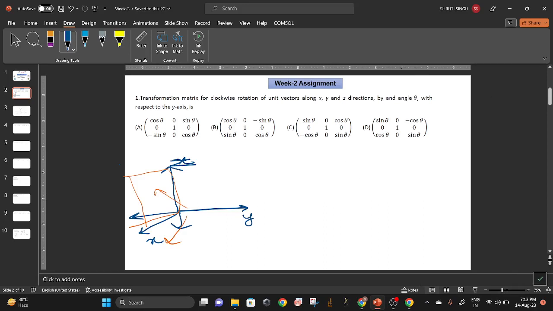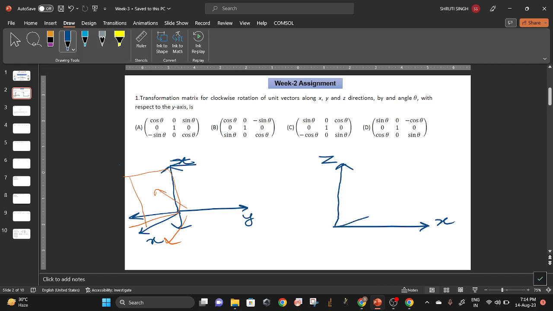So what I will do here, Sandeep, instead of writing this, I can write like this. I am just changing the axis, other things will remain the same.